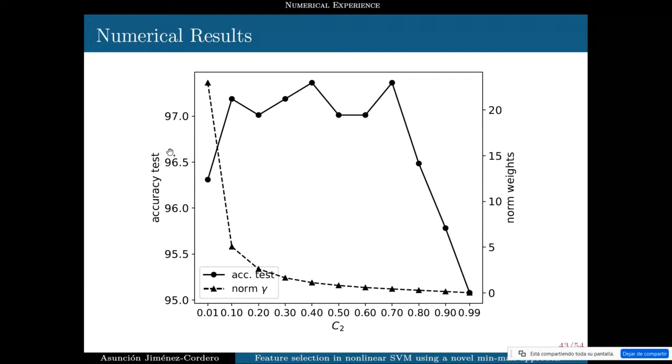So the first one is because we are plotting here the accuracy on the test sample, and we are training on the trained sample.